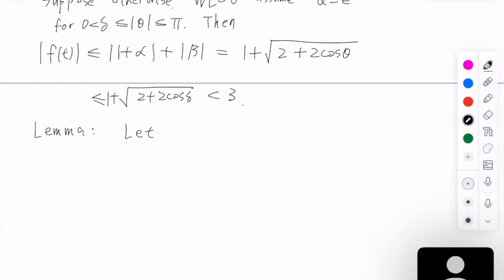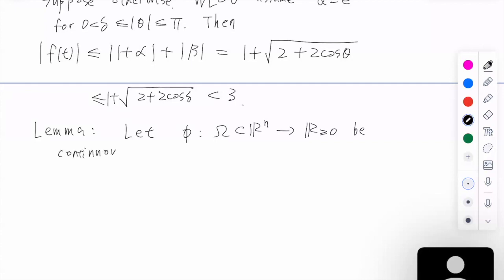Let's say that we have a phi of x, defined on a certain subset omega of Euclidean space, mapping to the non-negative numbers, and the mapping is also continuous.